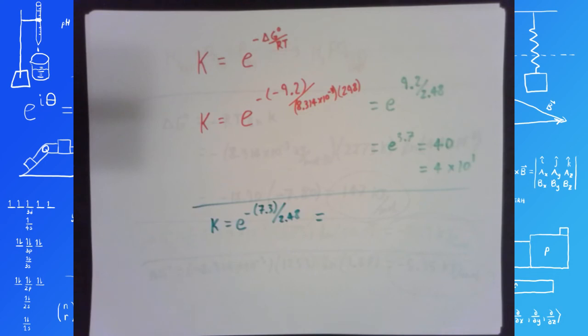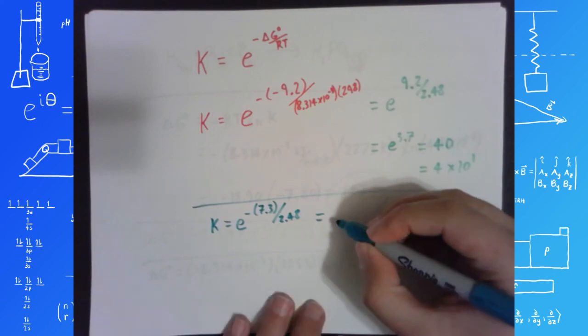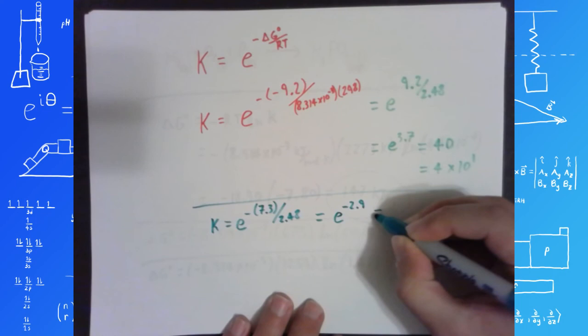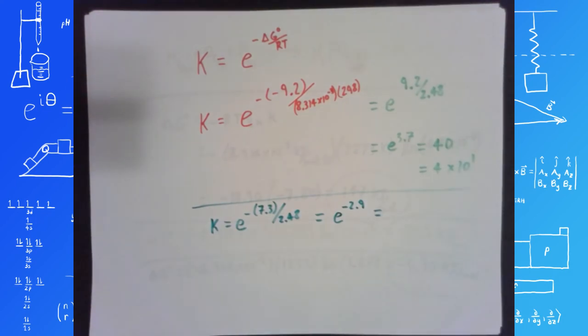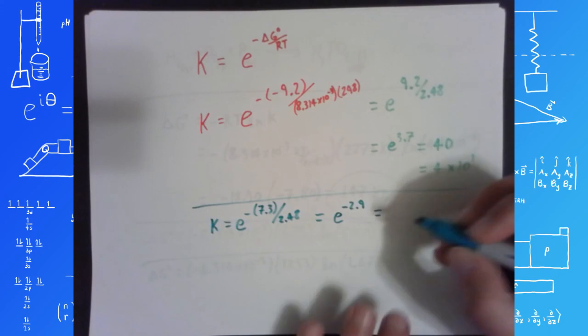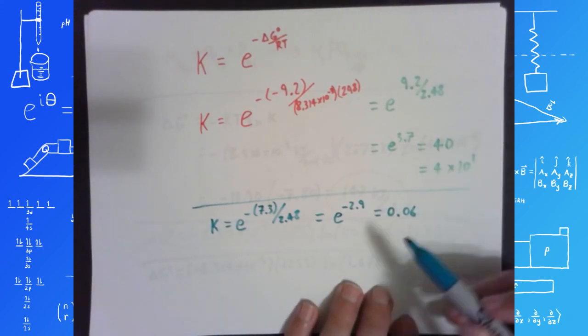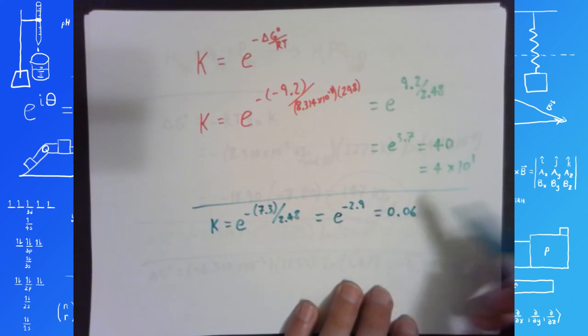So 7.3 over 2.48 equals 2.9. That's e to the negative 2.9, which equals 0.06. One decimal place in the exponent gives you 1 sig fig.